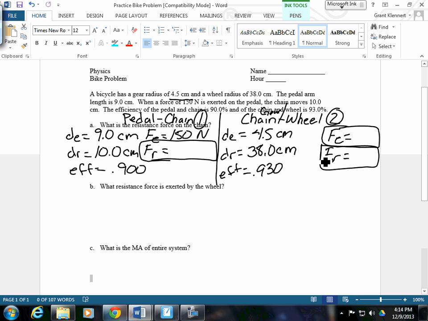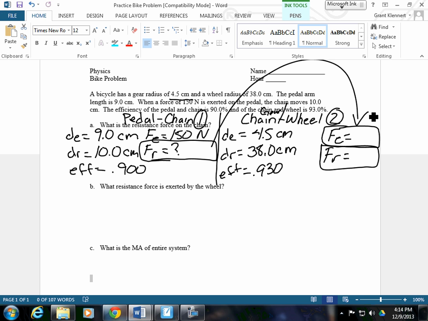But all of those we will be able to solve for. Also remember that if we solve for force of resistance 1, that automatically is our force of effort 2. So really, there are only 2 things we don't know, both of our forces of resistance.